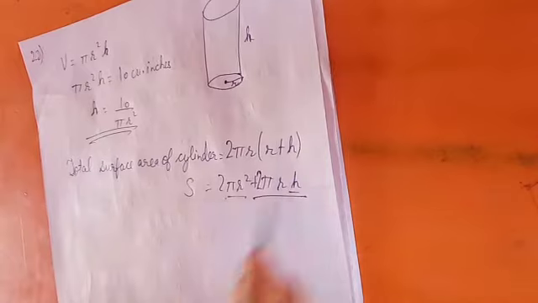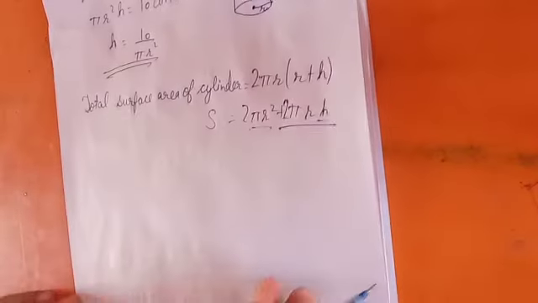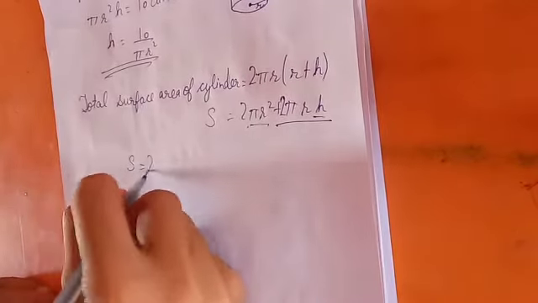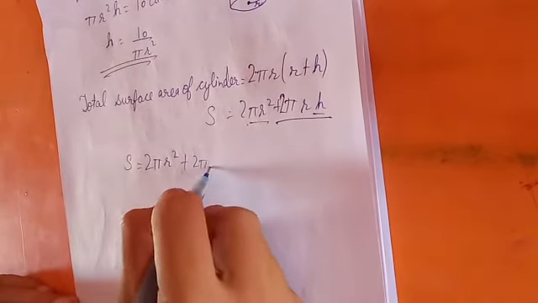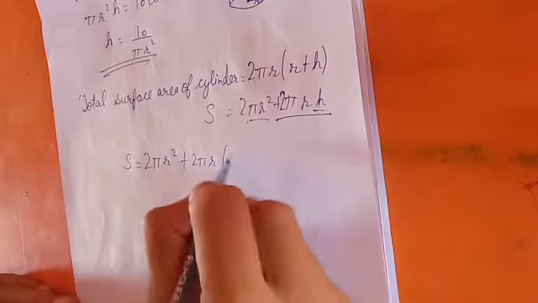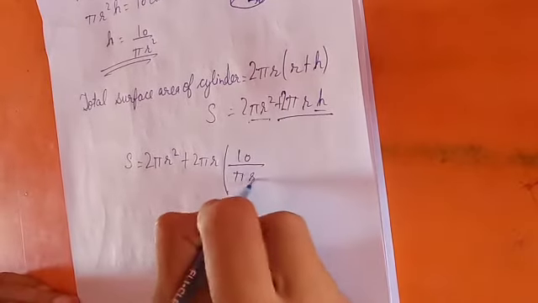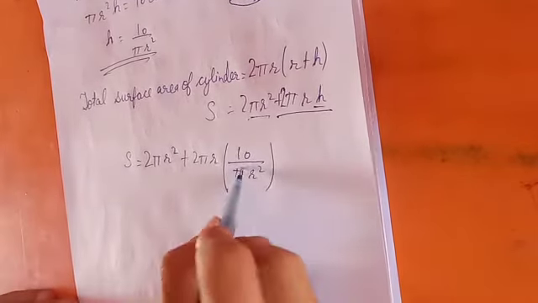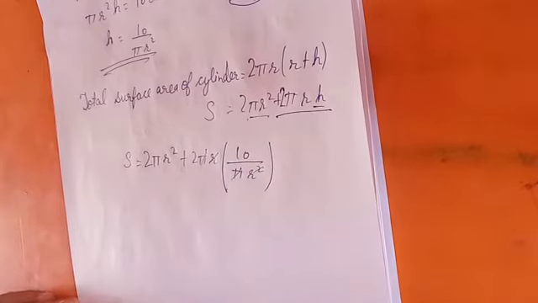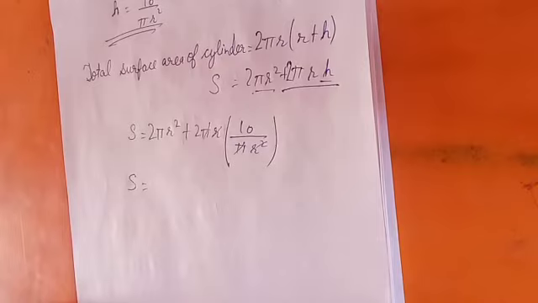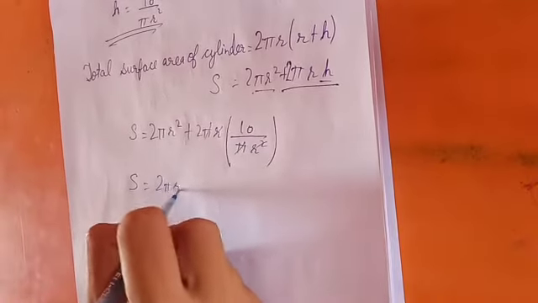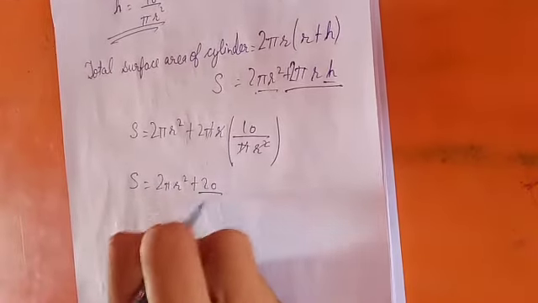Now here we can put the value of h, so we will get S equal to 2 pi r square as it is plus 2 pi r into 10 by pi r square. Pi will cancel pi, and r will cancel r. So we get S as 2 pi r square plus 20 by r.